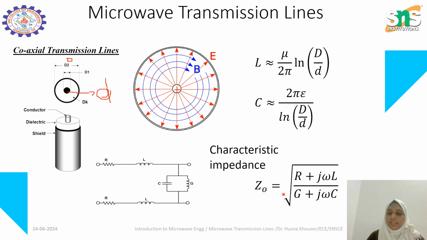But a coaxial cable is a lossy transmission line, so we consider R plus j omega L divided by G plus j omega C.